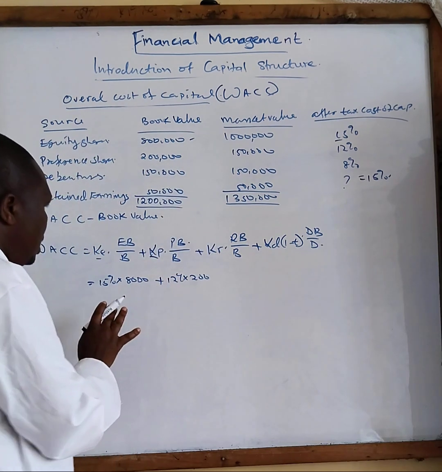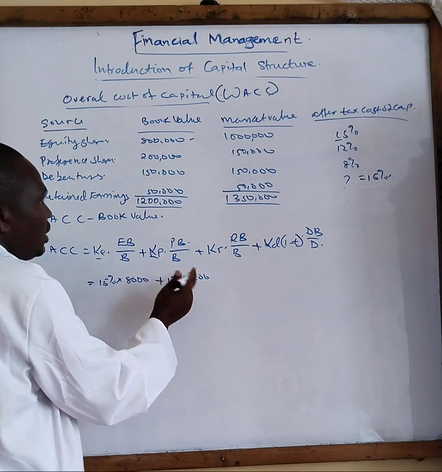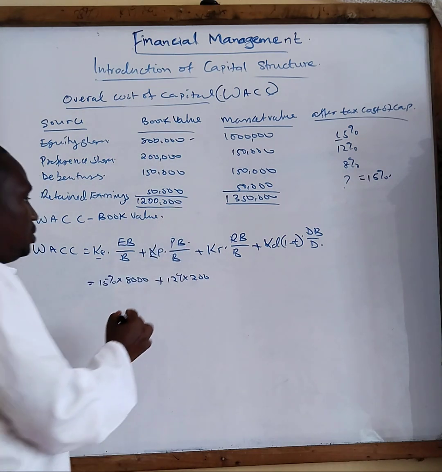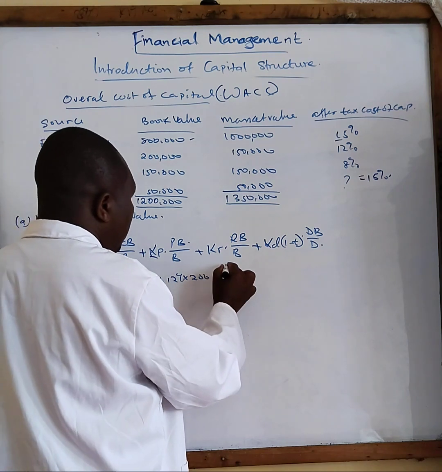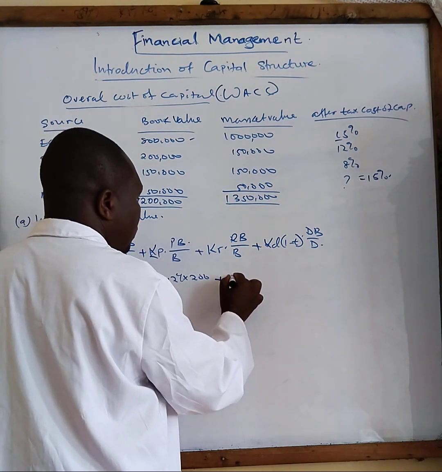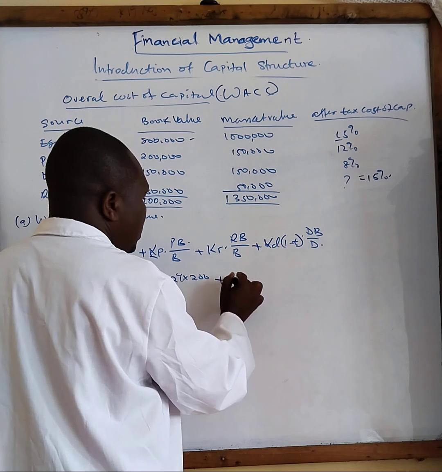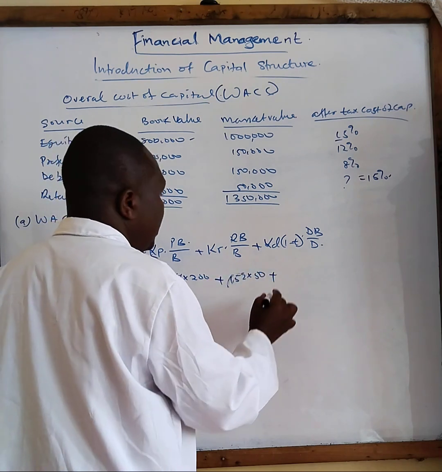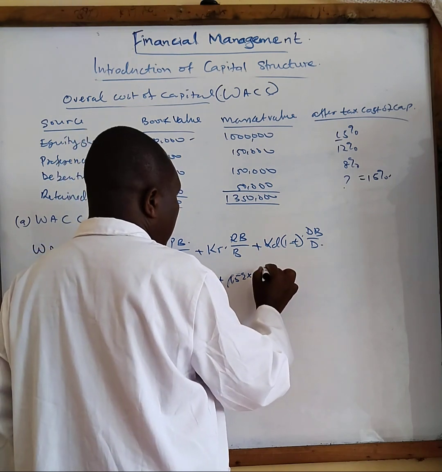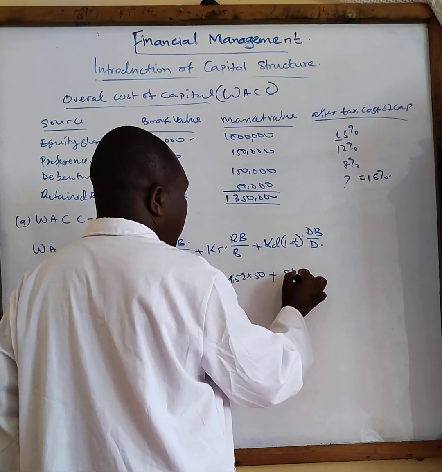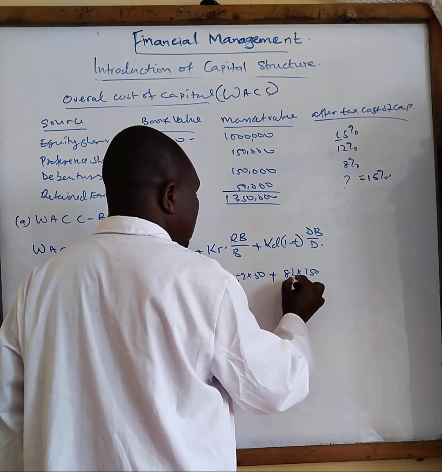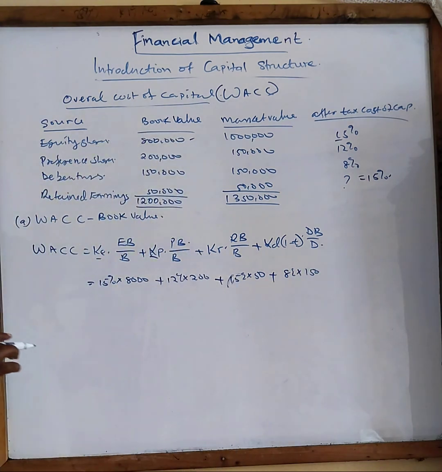Let me use 800, I'm just using 800 because it is 1 million. So like that, plus retained earnings: 15% times 50. The last one is 8% times 150. Then you divide everything by the total book value.